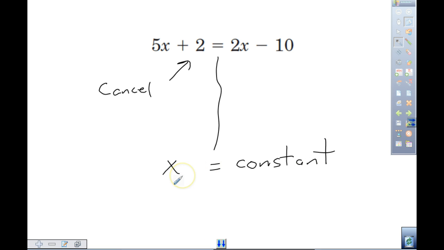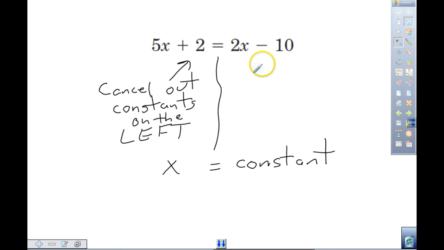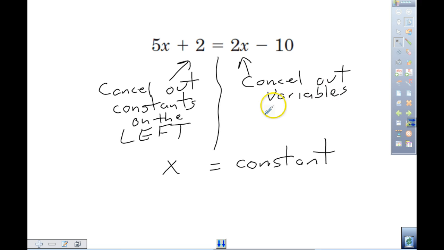That's always been the goal. That's the goal for Algebra 2 and all the way into calculus. So that means we need to have only the variable on the left-hand side, which means we need to cancel out constants or numbers on the left. And since we only want constants on the right-hand side, no variables, we always want to cancel out variables on the right.